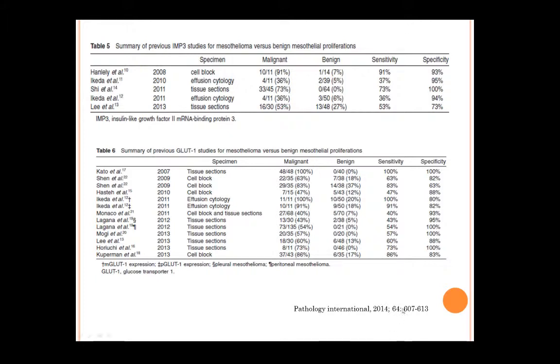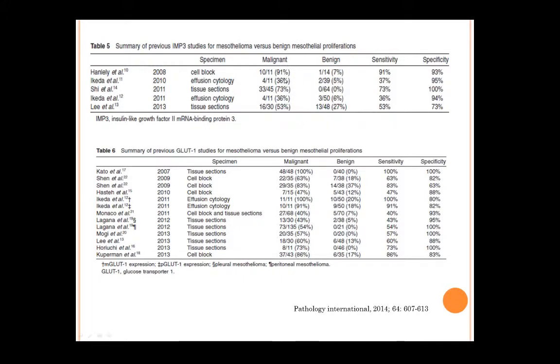So, for example, these studies show the results of the immunohistochemical stains for IMP3 and GLUT1 in different studies, as shown in the table. These two stains can be positive in malignant mesotheliomas.